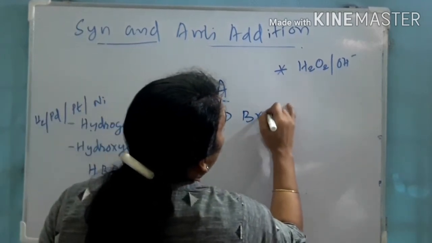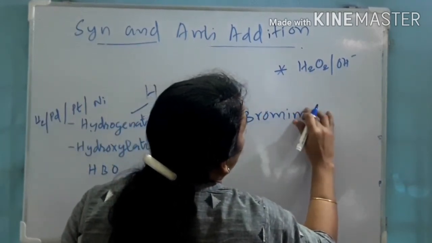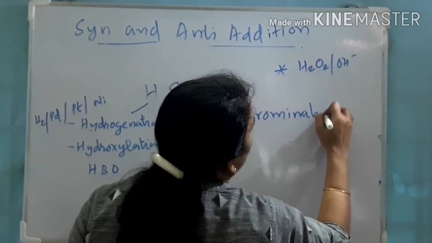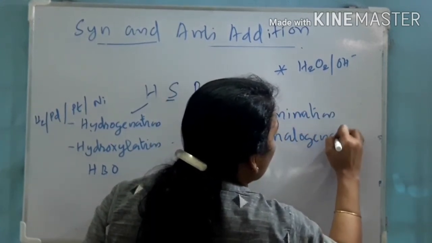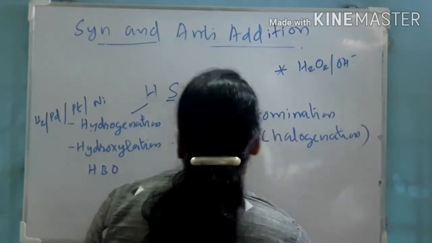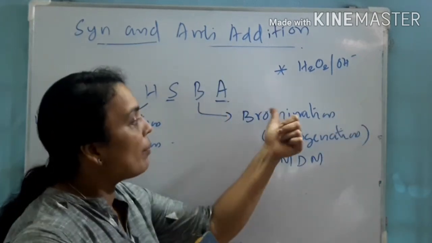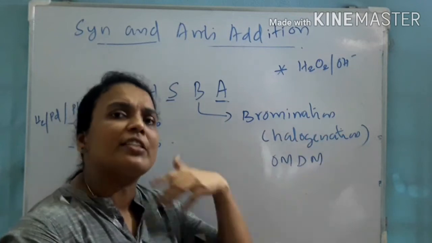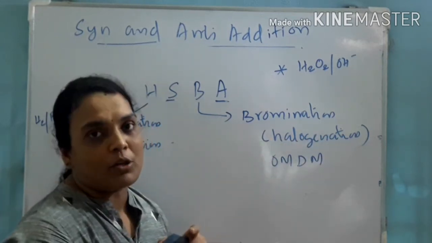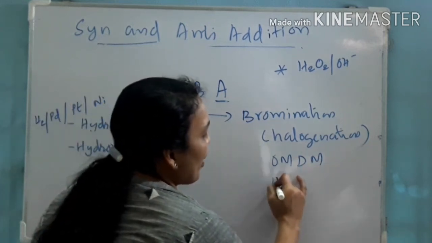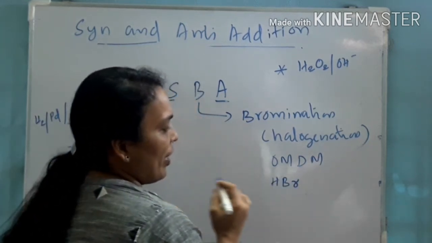Then BA, where B indicates bromination. Bromination in the sense of halogenation, any halogen that we can use. Then oxymercuration, demercuration, addition of HBr.